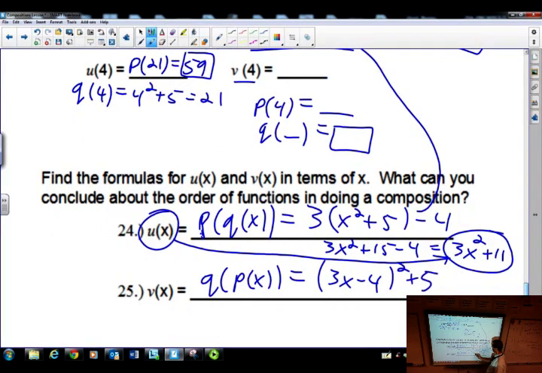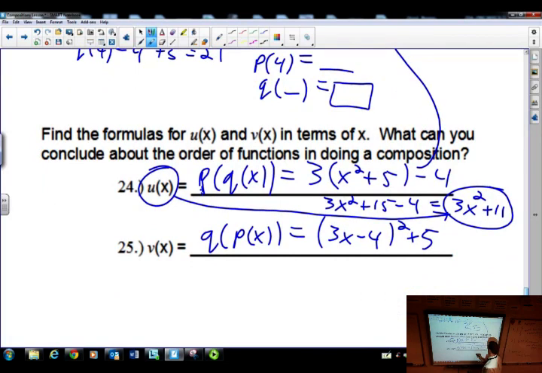Where our x was right here, in x squared plus 5, it became 3x minus 4. So don't forget to multiply that out, because you have two 3x minus 4s. So we're going to go 3x minus 4 all times 3x minus 4.